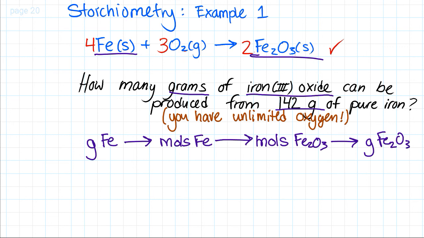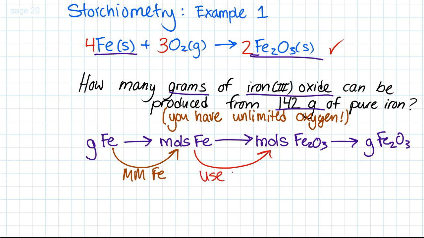I'm going to map out one more thing with this. To go from grams of something to moles of something, you've got to use the molar mass. In this case, we're using the molar mass of iron. To go from moles of one thing to moles of another thing, you've got to use the balanced equation, which I'm going to abbreviate as BEQ. And what part of the balanced equation are you using to go from moles of one thing to moles of whatever else you're looking for?